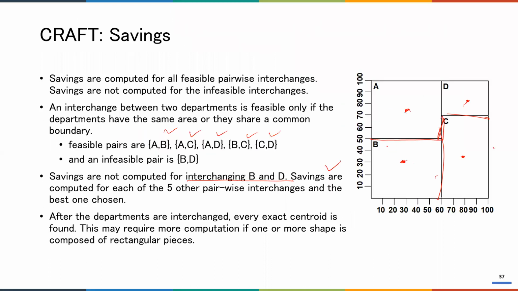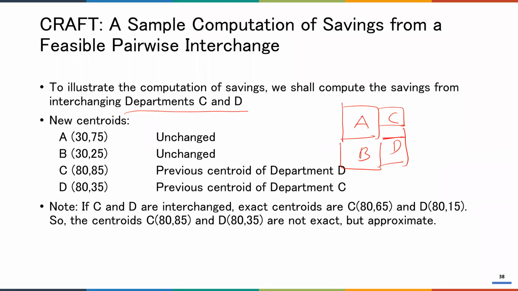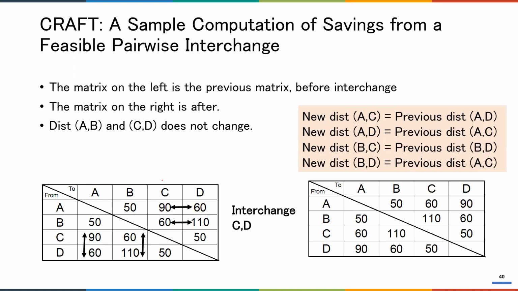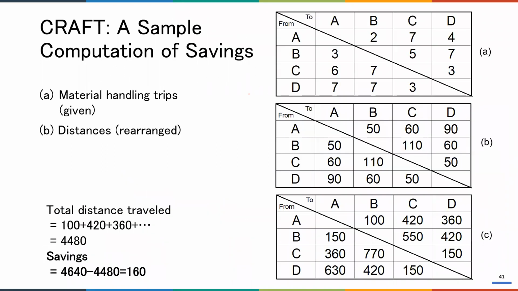Sorry, it should be like this: this is D, this is C. As we see here, the centroids for A and B are not changed, but the centroids for C and D are changed. So we need to recalculate this. The distance matrix should be changed, and then we multiply it by the handling trips.